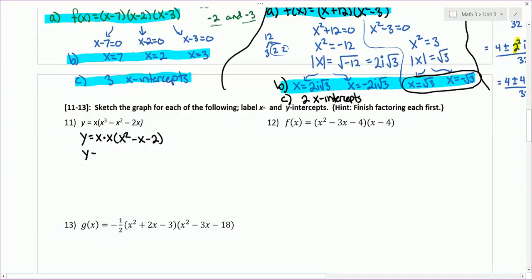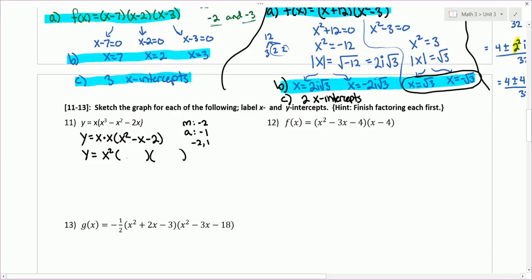So y equals x squared, that's your x times x. And then the x squared minus x minus 2 we can factor further. We're looking for two numbers that multiply to negative 2 and add to negative 1. And negative 2 and positive 1 would work out for us in this case.